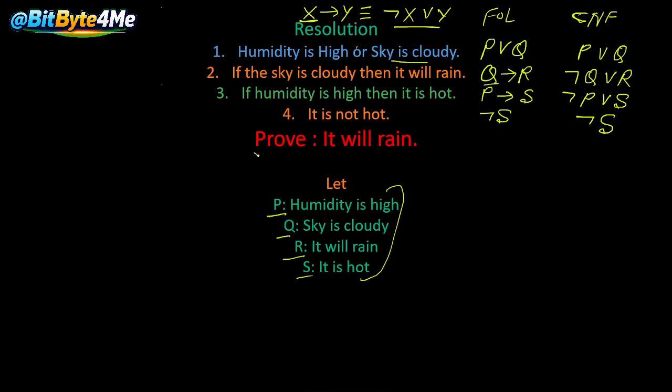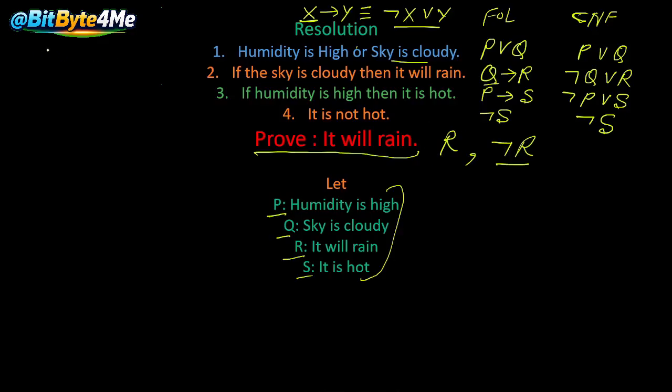We are asked to prove that it will rain. Rain is represented by R, and the negative of rain is not R. So we start from not R. We want to prove R, but we will prove that not R is false.